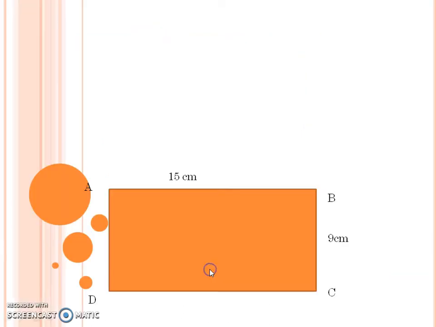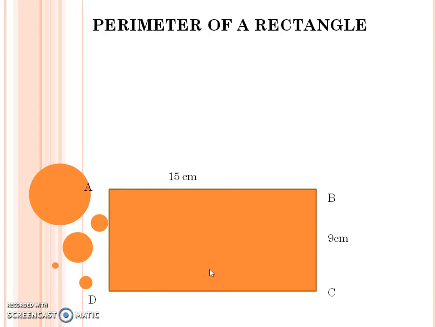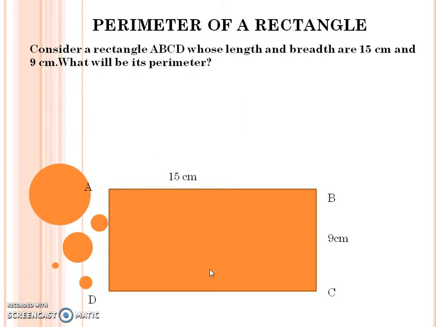Next one, perimeter of a rectangle. Consider a rectangle ABCD whose length is given as 15 centimeter and breadth as 9 centimeter. What will be its perimeter? As you all know, in a rectangle, pairs of opposite sides are equal.